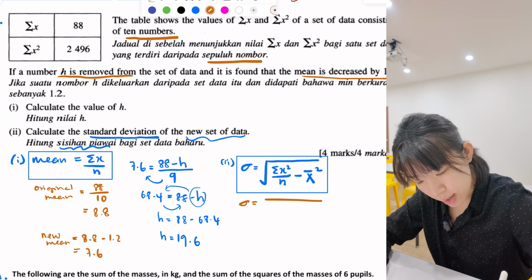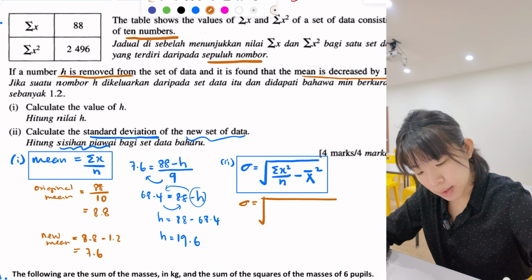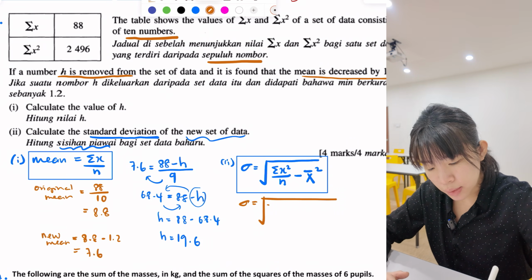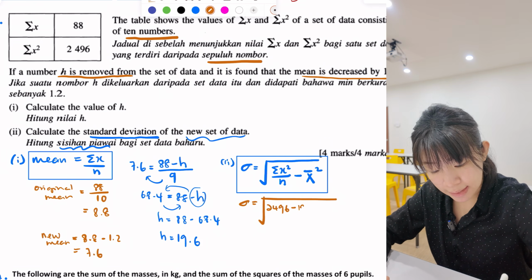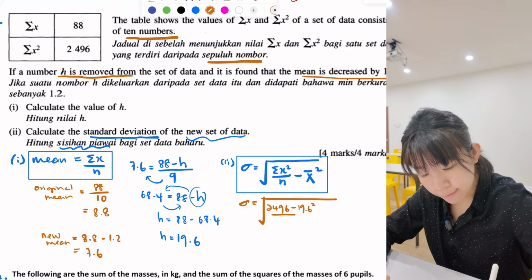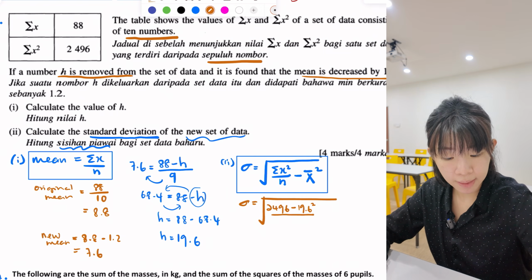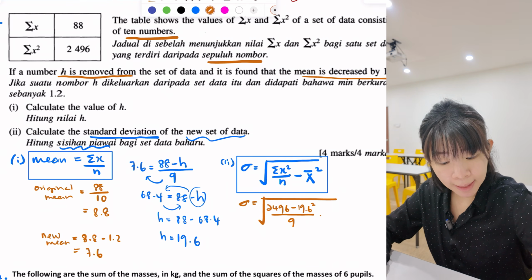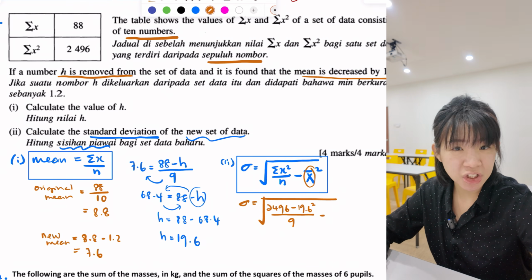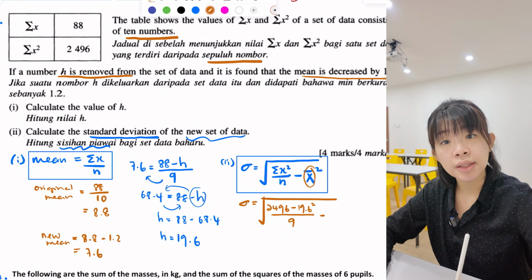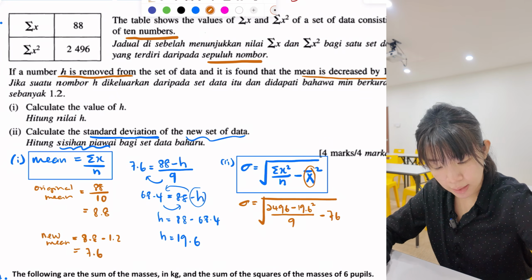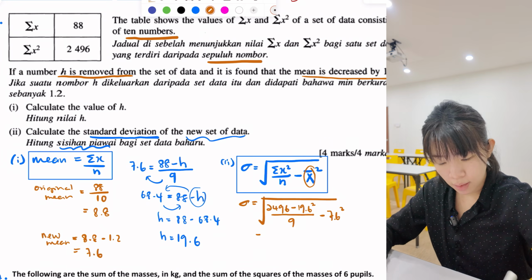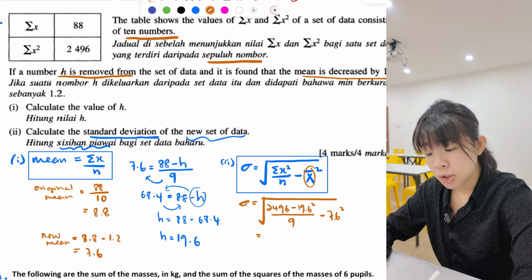Now we put everything in. Square root of the sum of x squared, 2496, minus the number that has been removed, 19.6 square, divided by n. How many data are left? 9. Minus mean square. What is the new mean just now? The new mean is 7.6, so we put 7.6 square. Don't forget the square. Now you just key in the calculator.